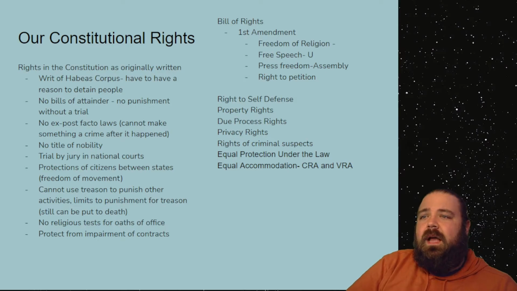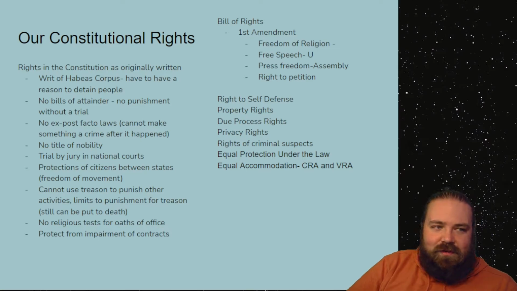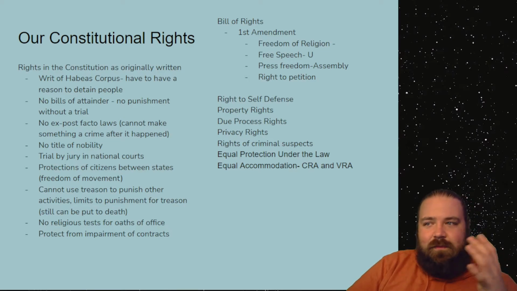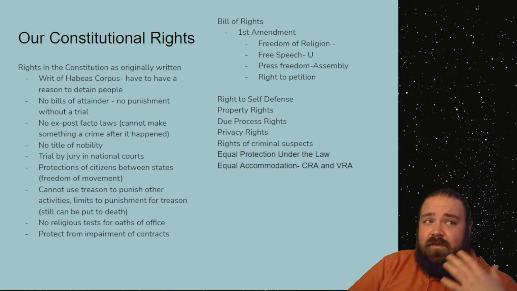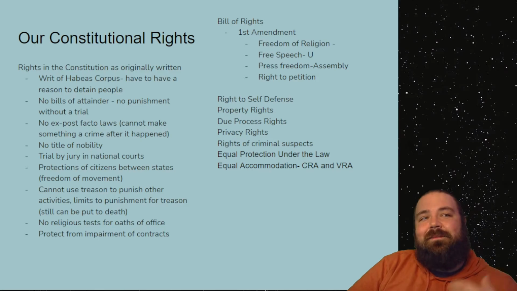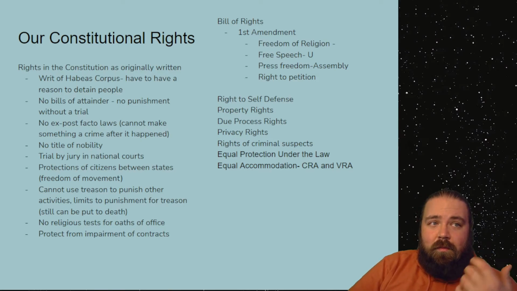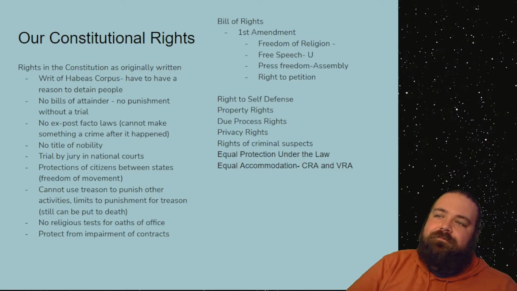The 14th Amendment says that everyone who's born in this country or is a citizen will be afforded the due process necessary. It says that if they're going to infringe upon people's rights, it must go through due process. So that basically means the Bill of Rights applies to the states as well as the national government.